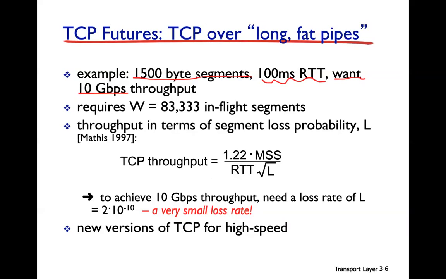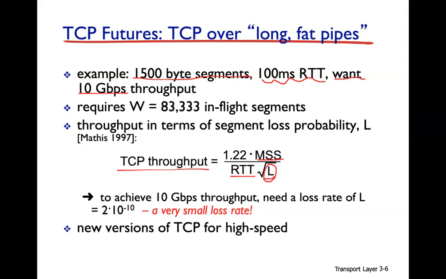Then, if we want 10 gigabit per second, the new throughput for the high-speed network will be 1.22 times the maximum segment size, which is usually 1,500 bytes, and the RTT over the square root of L, where L is the loss probability.